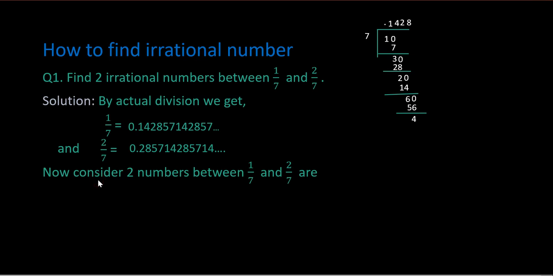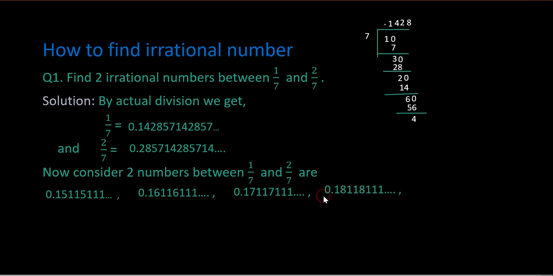So let's consider the numbers between 1 by 7 and 2 by 7. Here we can write 0.15115111, and we can write 0.16116111, then 0.17117. Similarly we can write 0.18118, then 0.21211 and so on.